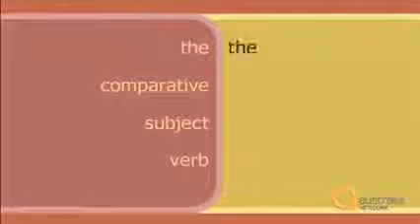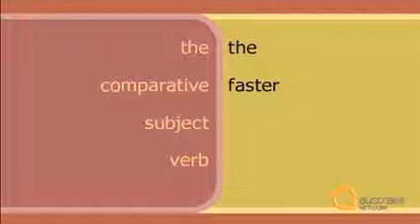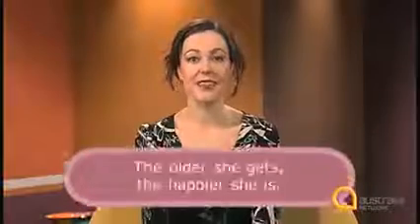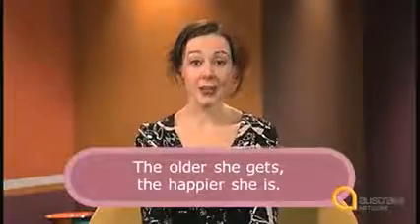Then, using exactly the same grammatical structure, she added the complementary statement: the faster the nutrients are going to cycle. Notice the symmetry of these statements. It makes it easier to remember and apply. Let's try another example. The older she gets, the happier she is.